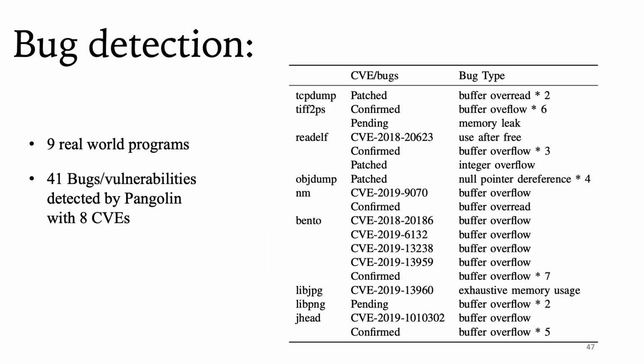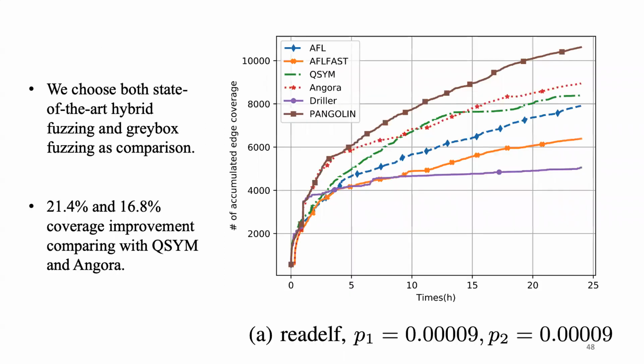Overall, in these 9 programs, we found 41 bugs with 8 CVEs assigned. In terms of coverage, we compared our results with 3 state-of-the-art hybrid fuzzers, QSYM, Driller and Angora, and 2 state-of-the-art gray-box fuzzers, AFLFast and AFL. We conducted a 24-hour experiment 10 times with the same given seeds.